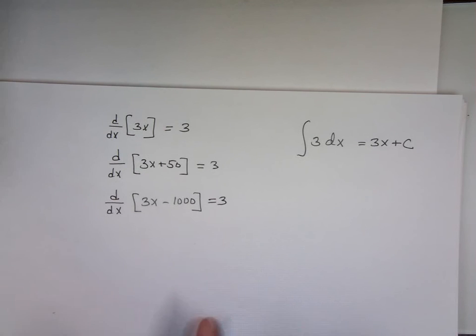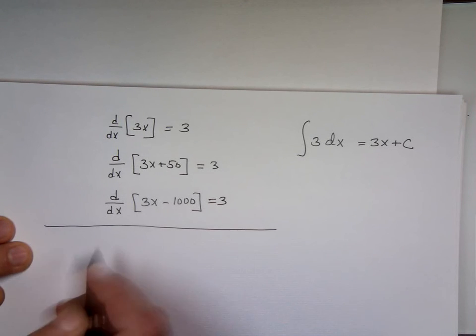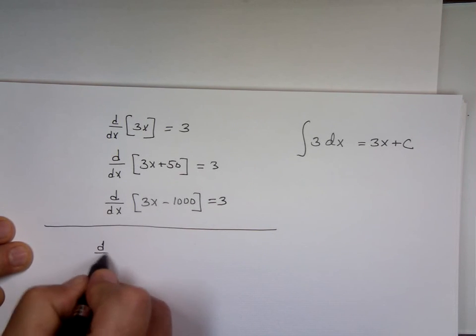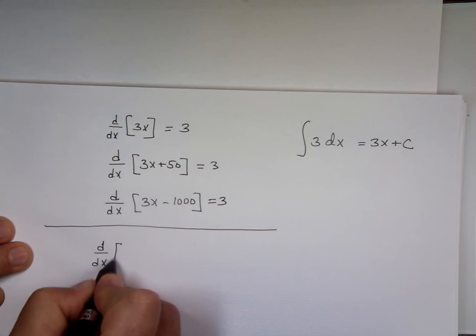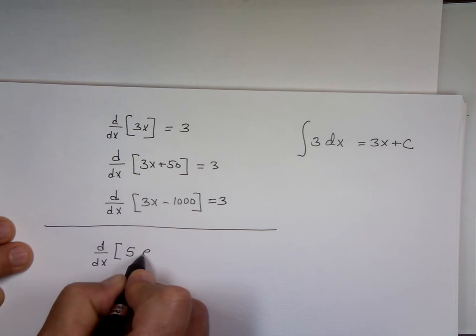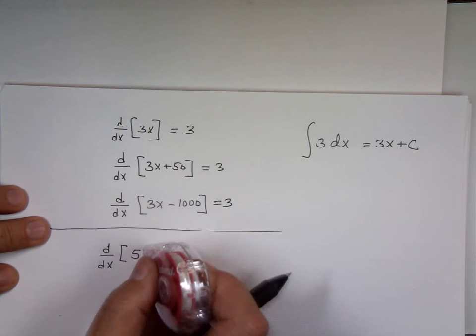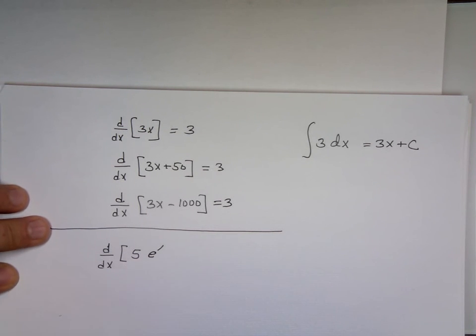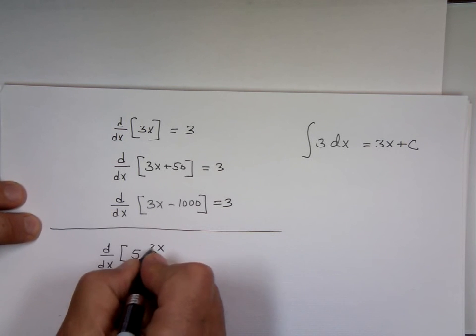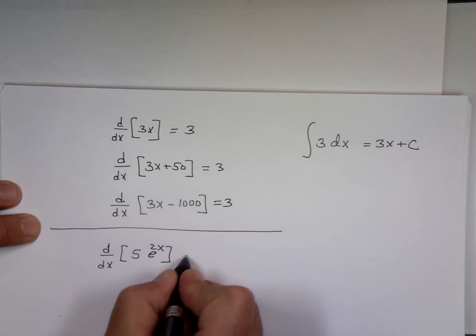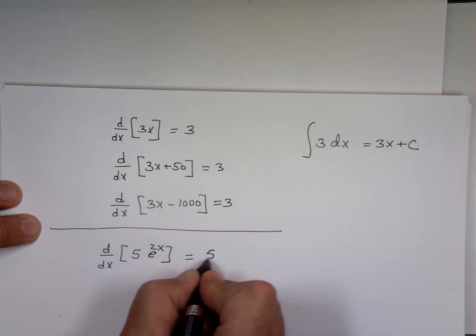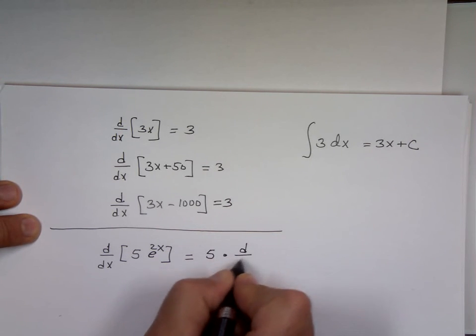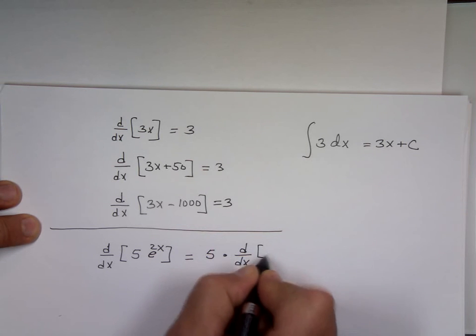Again, an example, what does that mean? If I said to you, what's the derivative of 5e to the, well, let's use e to the x. Well, how about e to the 2x? We said you can take the 5 outside, multiply it by the derivative of e to the 2x.